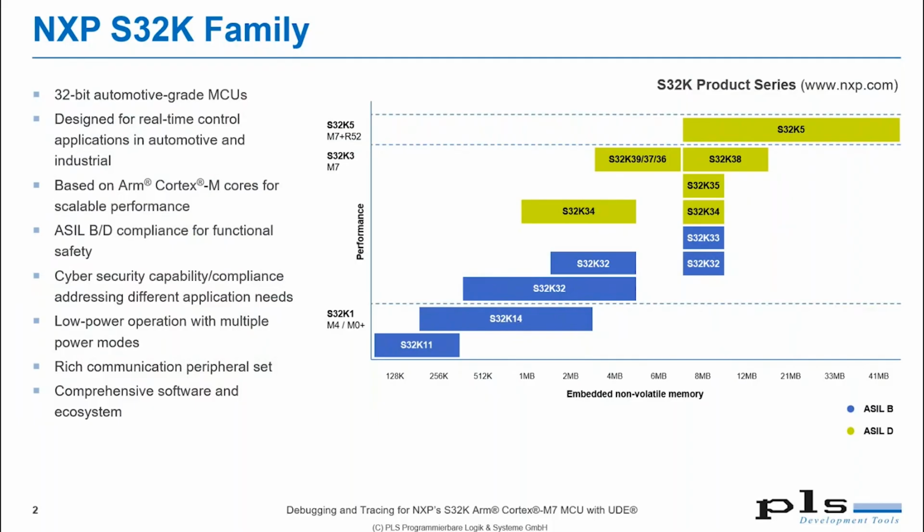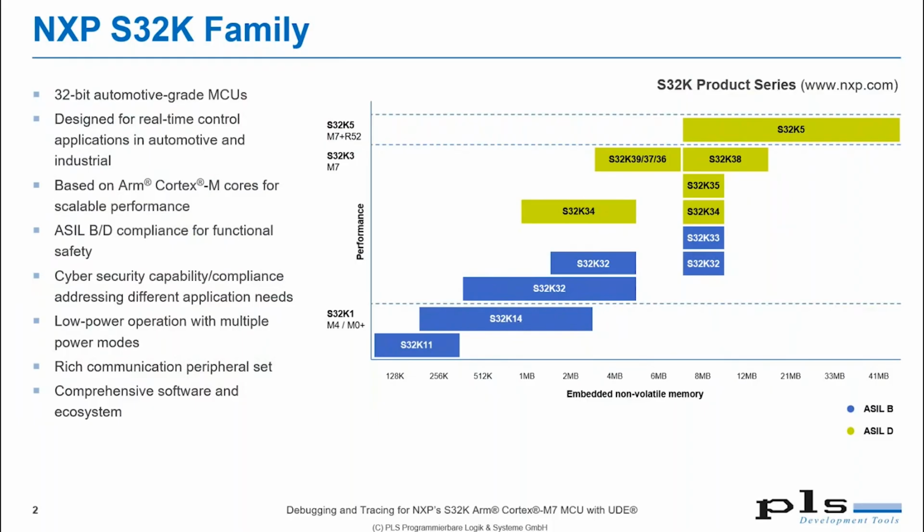There are other devices available based also on Cortex-R and Cortex-A. The S32K devices are designed for use in body control and zone control and also in electrification applications. So everything automotive. And also very interesting, they provide functional safety and embedded security, for example, in compliance to the ISO 26262, and they achieve ASIL B or ASIL D.